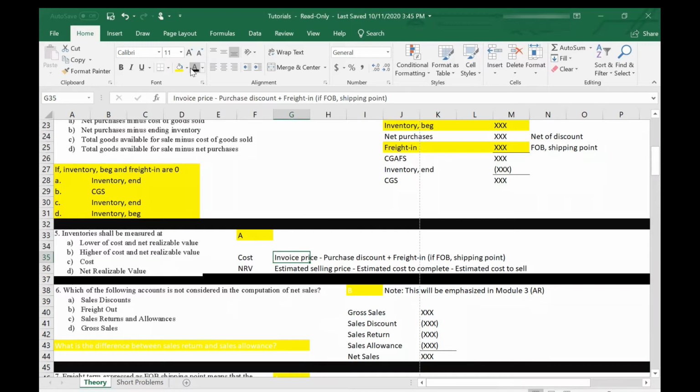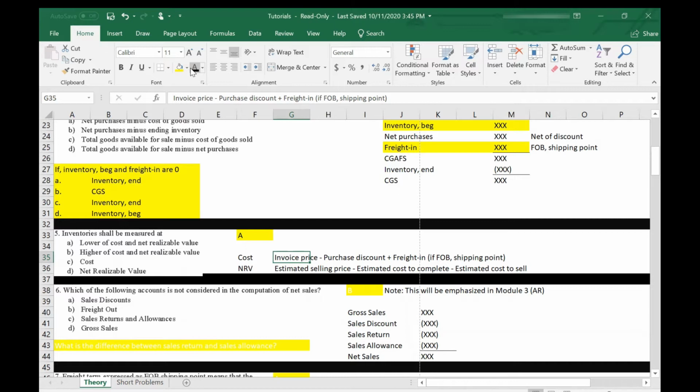Because if the entity would not avail of the discount, then it's like you're throwing the savings that you could get from paying early. So we assume that the company avails of the discount if there is no evidence to the contrary.